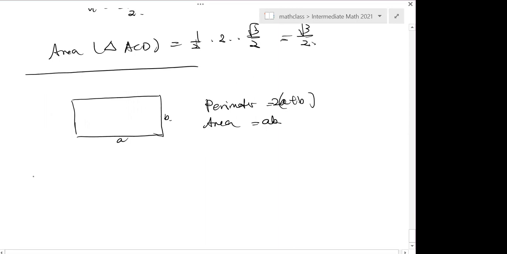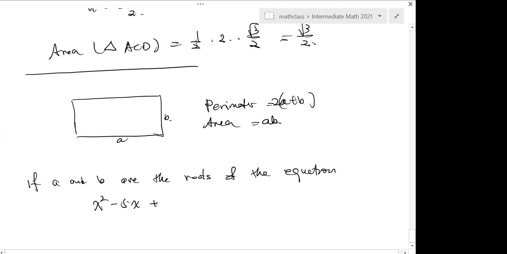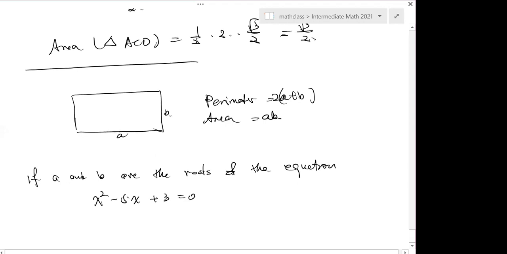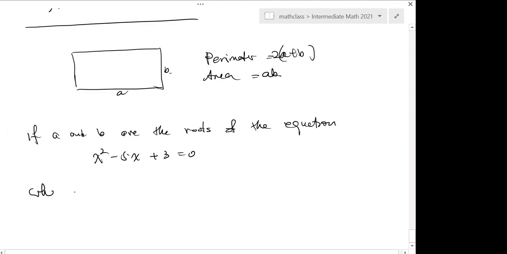So we know that if A and B are the roots of the equation x squared minus 5x plus 3 equals 0, what is the area of the rectangle? Any of you know this?